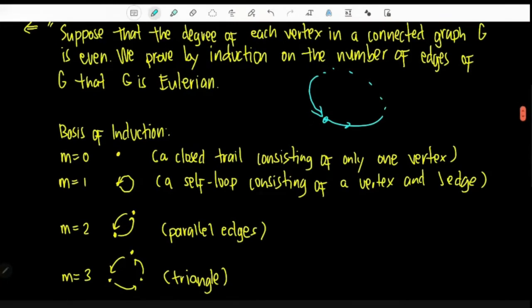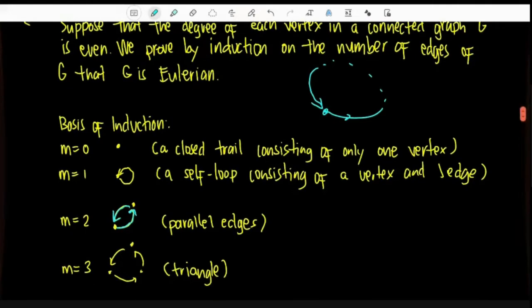Parallel edges. Now, if m is equal to 2, then you have parallel edges, right? One coming in from the first vertex to another vertex, and then babalik ka using the other edge. m equals 3.